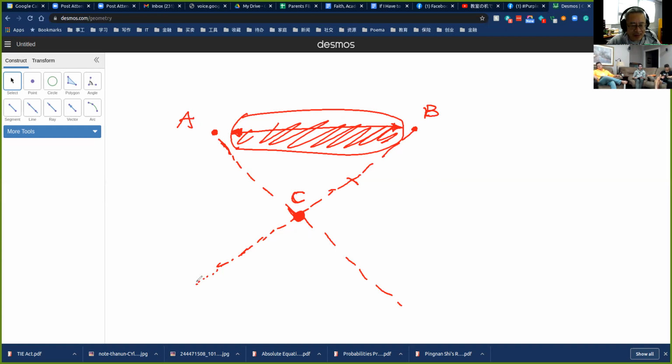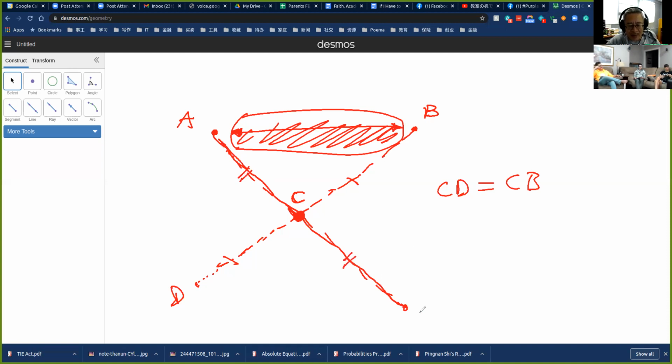Let's say this is our D. So your CD is equal to CB. Same thing, you follow the same direction and keep going, the same distance as our AC. So this length is congruent to that length.